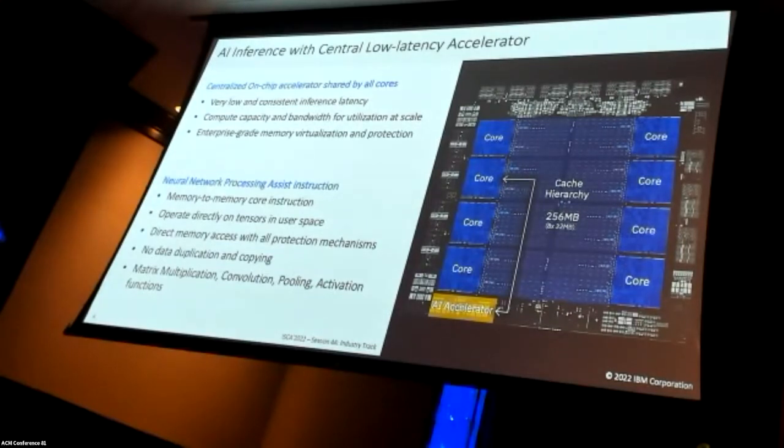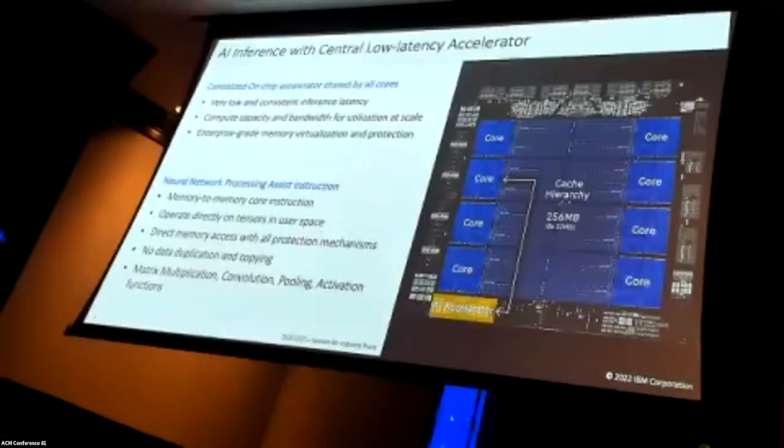And the compute capacity, we discussed, of course, at length how big should the accelerator be. And we really were guided by what is the transaction rate, what are the models that the customers are planning to run in the next year to size it. And at the end of the day, it was about half the size of a core on the machine.